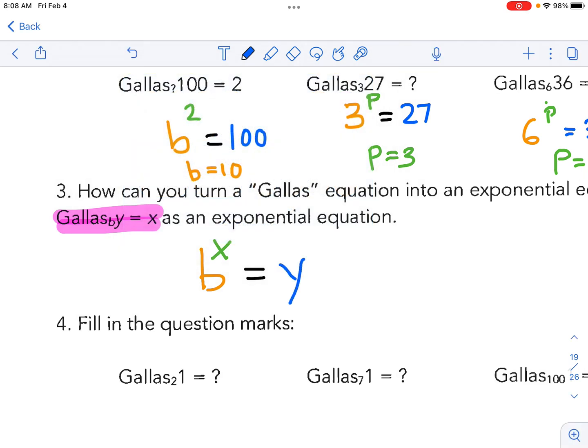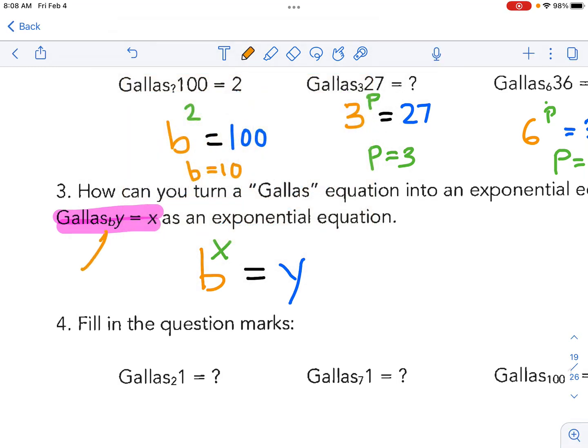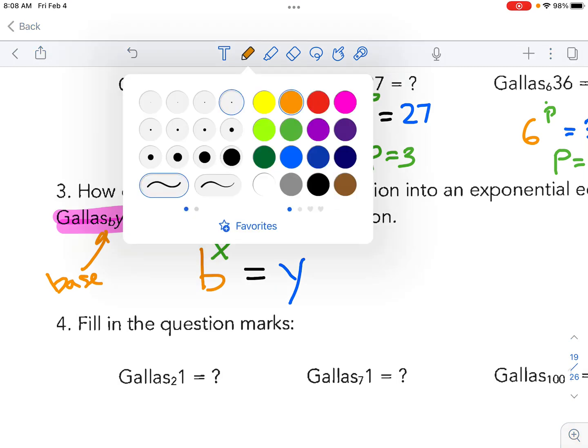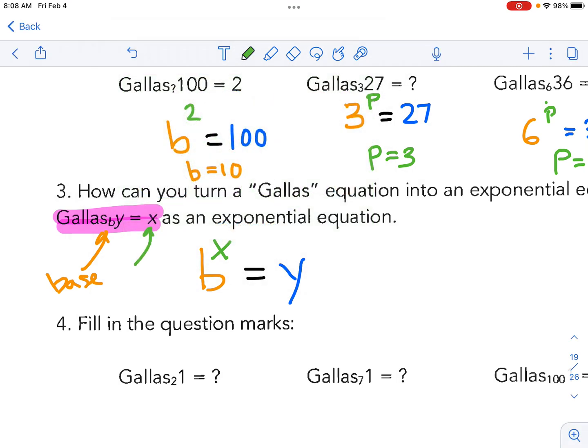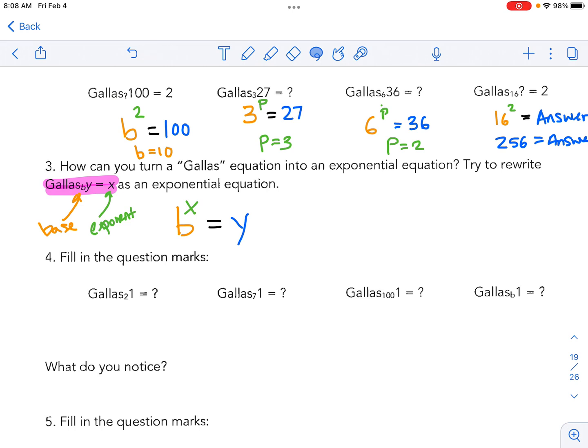That's why I was staying away from x and y variables, just because I knew we were going to use those a little bit. So bringing back that vocabulary, then this is the base, and this is the exponent out here. And of course, when we're talking about exponentials, those are the components of an exponential expression, right? It has a base and an exponent. So that is the relationship that relates this log equation back to an exponential expression.